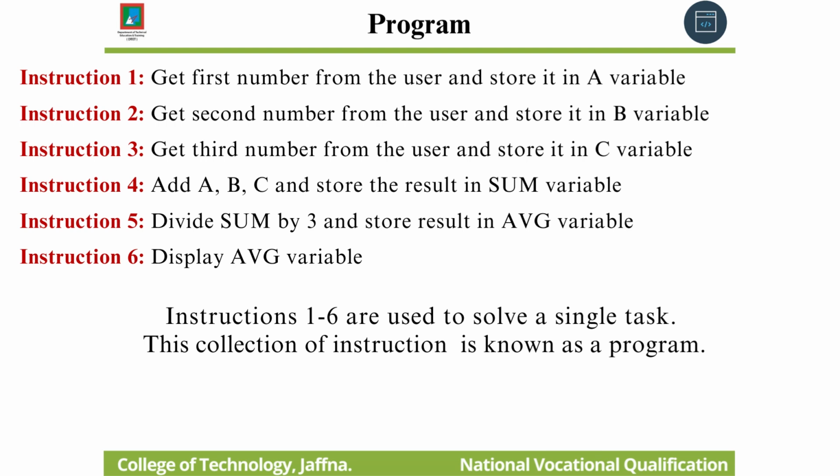Instruction 5. Divide sum by 3 and store result in AVG variable. Instruction 6. Display AVG variable. Instructions 1 to 6 are used to solve a single task. This collection of instruction is known as a program.